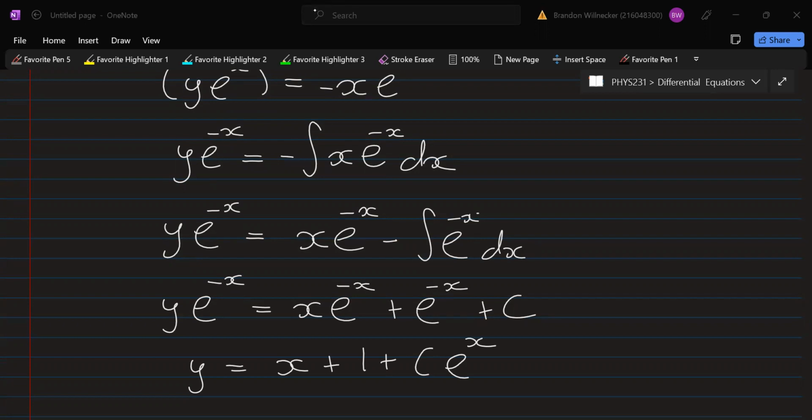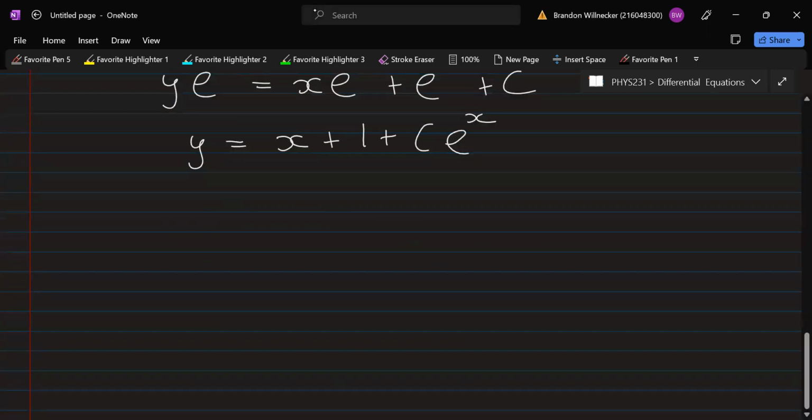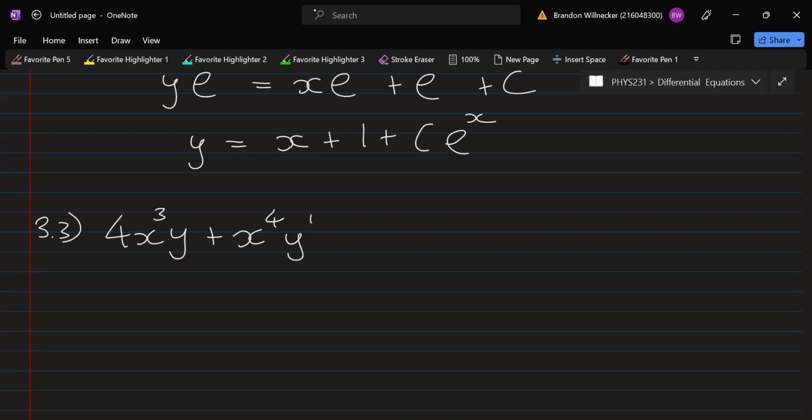Okay, last one for linear differential equations, 3.3. We have 4x cubed y plus x to the 4 y prime is equal to sine cubed x.